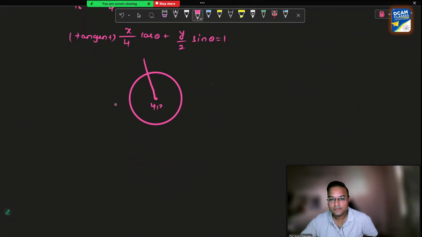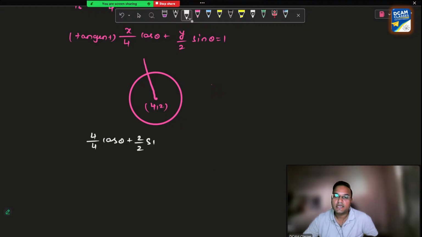So (4,2) will be passing through it, so it will satisfy it. That means 4 by 4 cos theta plus 2 by 2 sin theta is equal to 1, so cos theta plus sin theta is equal to 1.